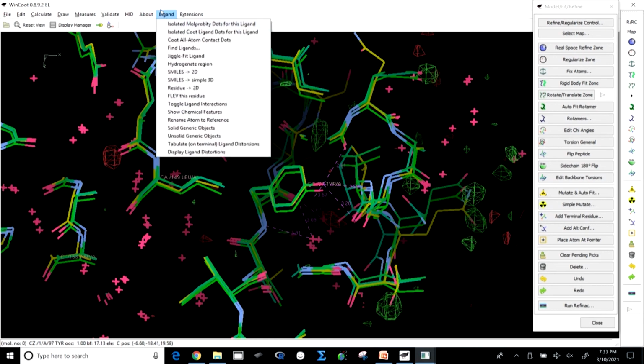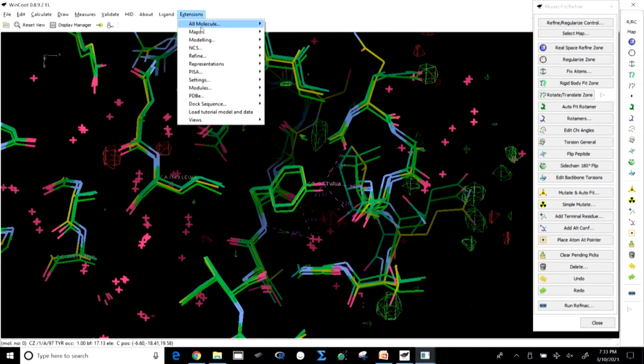You could work with ligands, you could isolate molprobity dots for the ligand, isolate COOT ligand dots, isolate COOT all atom contact dots, you could find new ligands, you could Ziegler fit ligands, and all those formats you could do.